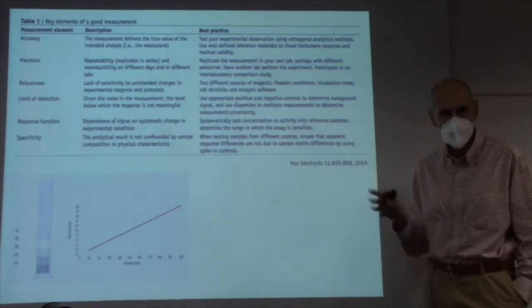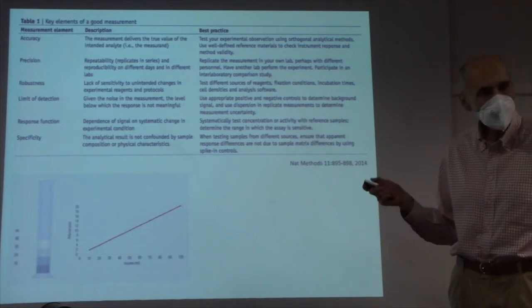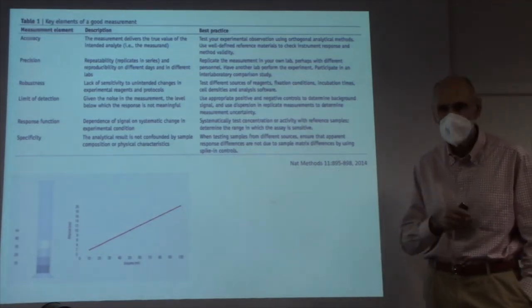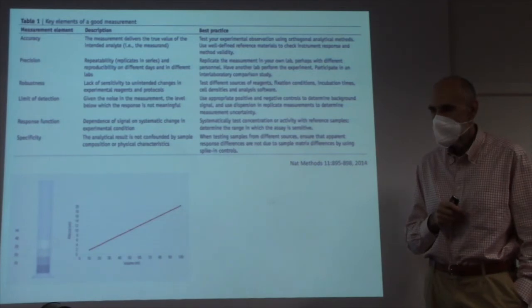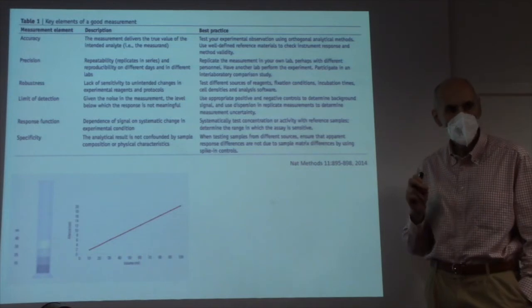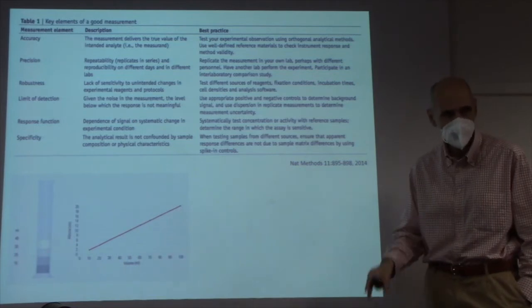Clear? Okay. So in this case, the response function is simple. It's linear. It's a simple line. In other words, there is a direct correlation between what we measure, the distance, and what we want to measure, the volume.